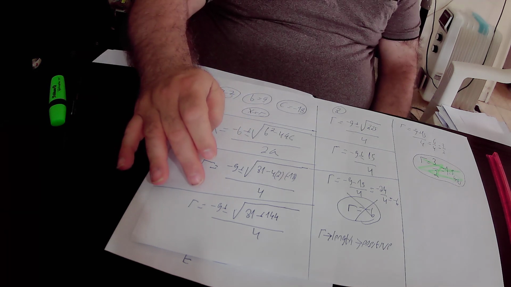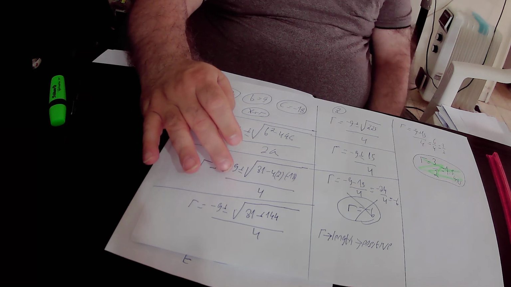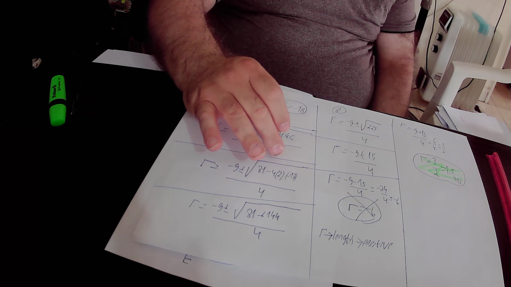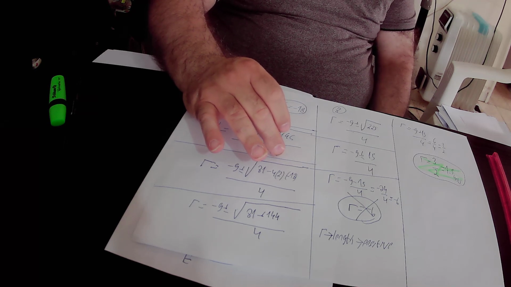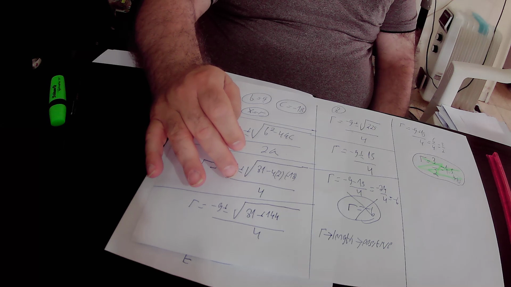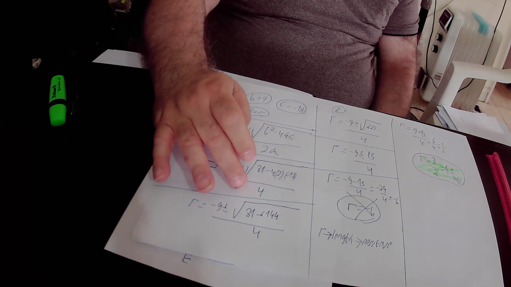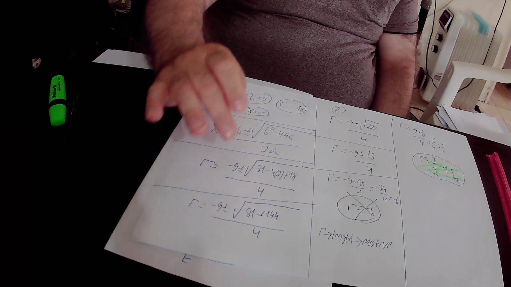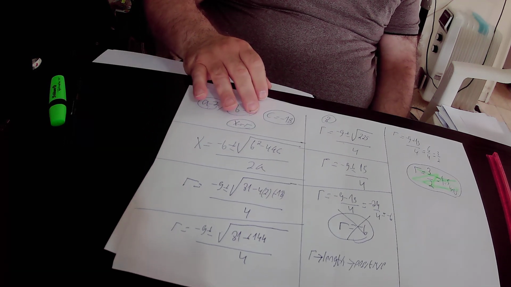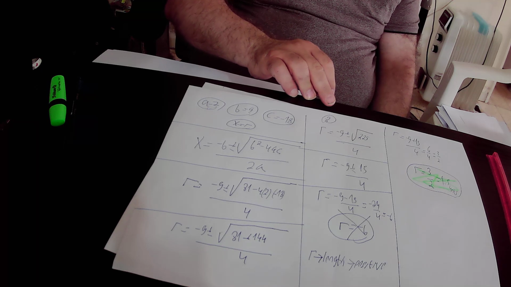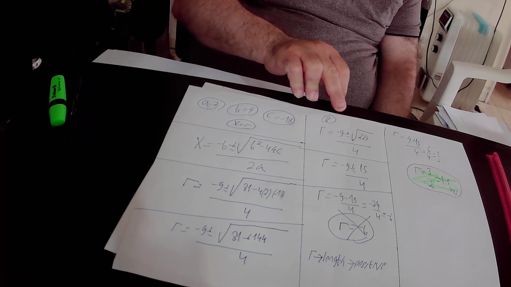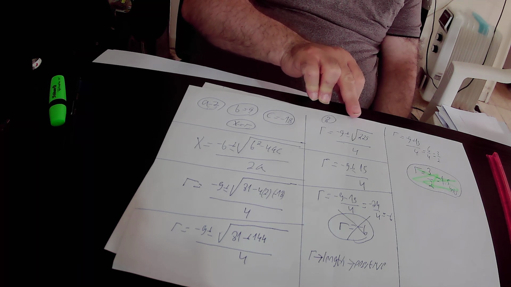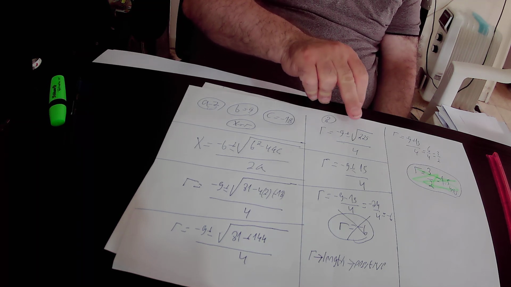Inside the root, minus 4 times 2 is minus 8, and minus 8 times minus 18 is plus 144. So inside the root we are left with 81 plus 144, which is 225, divided by 4. So r equals minus 9 plus or minus the square root of 225 over 4. The square root of 225 is 15.